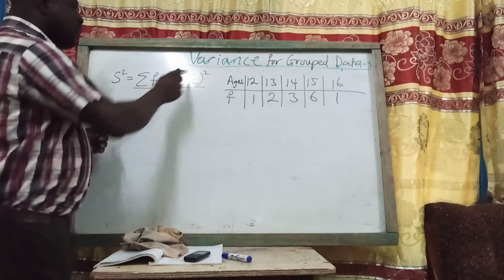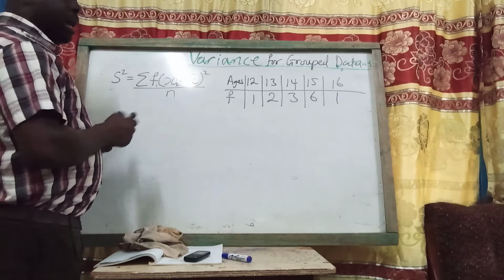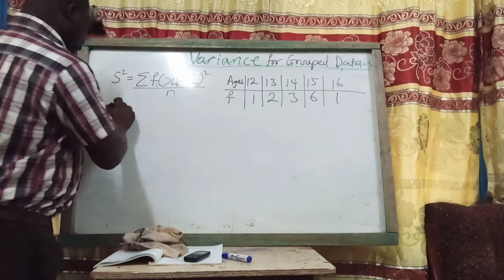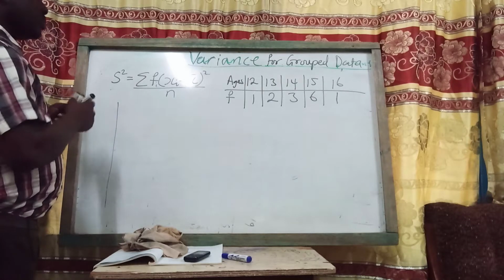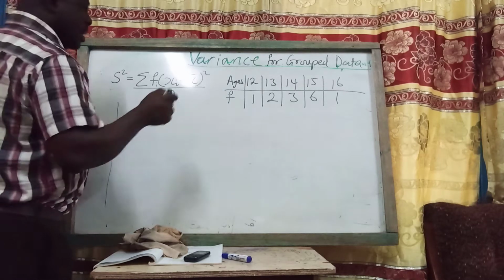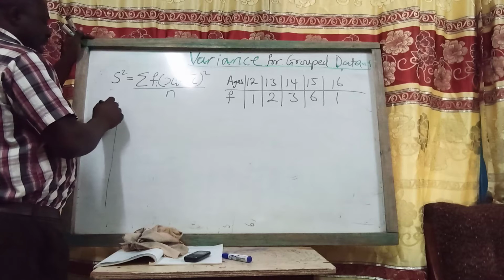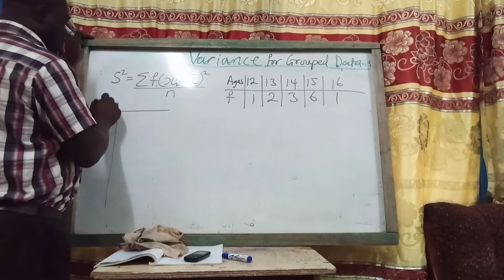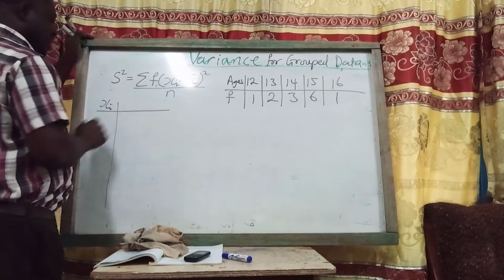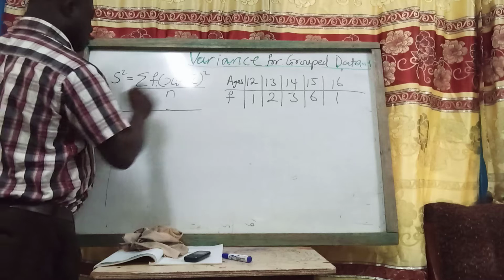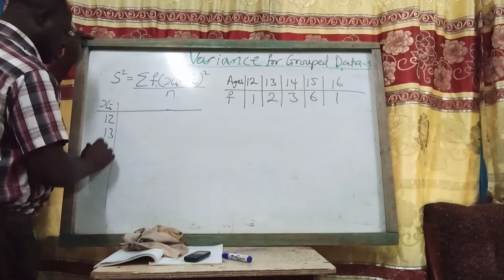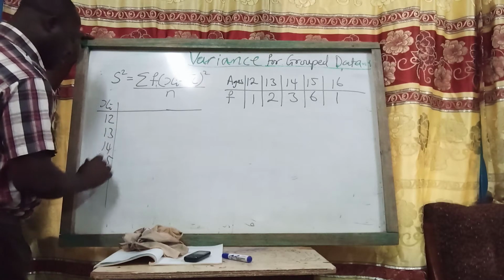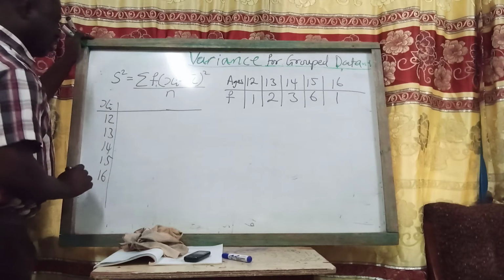What we need to find first is the mean, as we are all aware. So let's do a vertical table. In the vertical table, we have our xi's, which are the ages: 12, 13, 14, 15, 16.